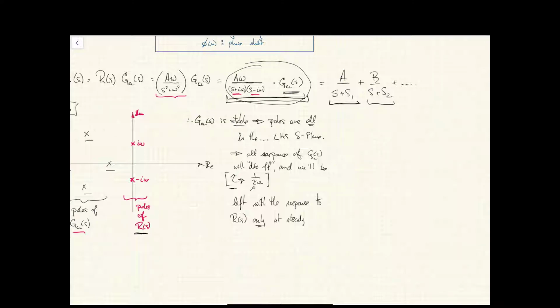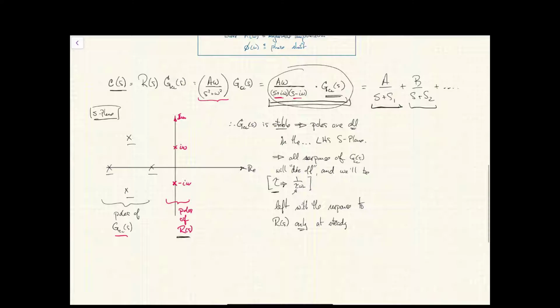For any time beyond that, they're really going to have no effect on the behavior of my system, except on the overall amplitude of the response to the input. Because of that, I'm not going to bother to do all that. I'm only going to quantify the response C of S and later on C of T for when the time is greater than the slowest response of the poles of the closed loop transfer function. Does that make sense?